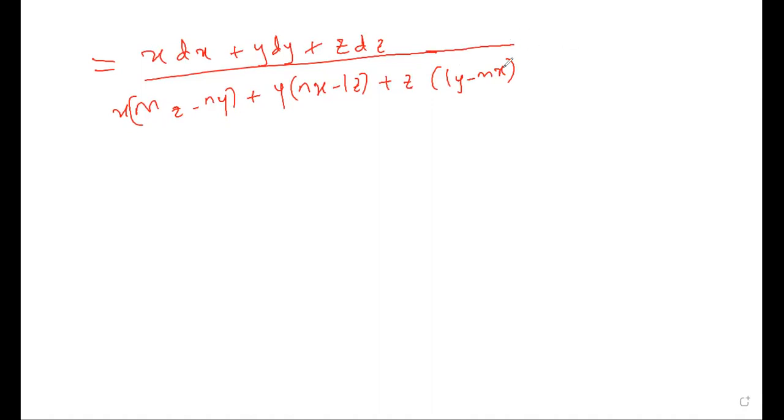So what you'll get is, in the numerator, x dx plus y dy plus z dz. What will happen to the denominator?